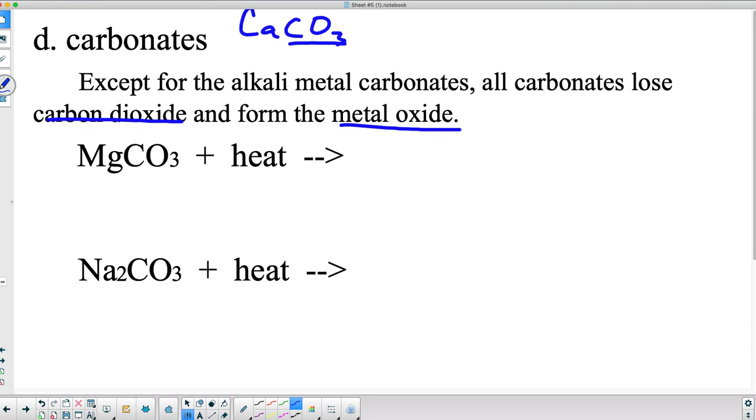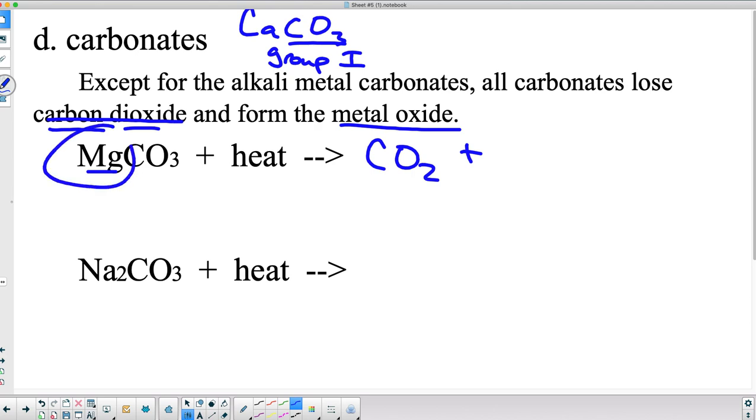So that means if I have a group 1, then it's a no reaction. Magnesium is a group 2, so this one does work, and I do get as a product carbon dioxide, CO2 plus the metal oxide. And the metal is always the first one, so that's magnesium.